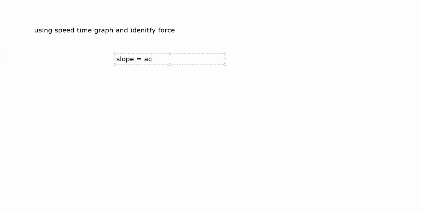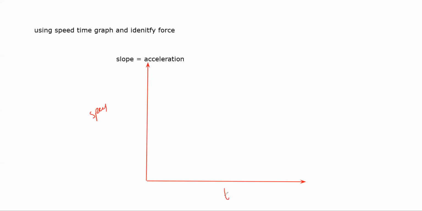Slope represents acceleration. So the slope of a speed time graph is equal to acceleration. On the y-axis we have speed and on the x-axis we have time, and the shape of the graph was like this.